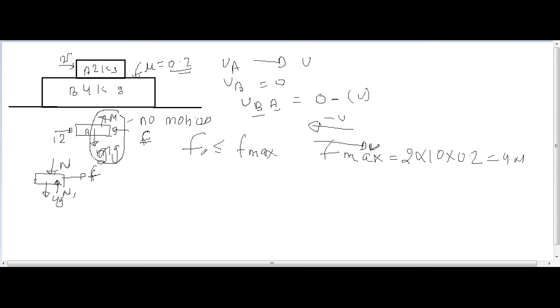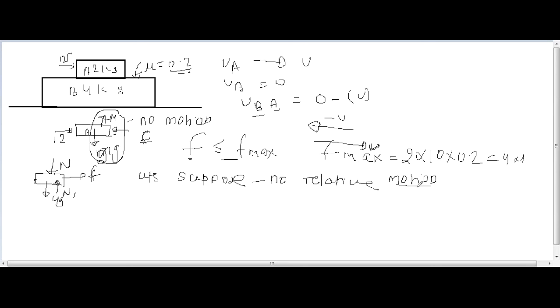So friction force must be less than or equal to 4 Newton. Okay guys, so let's suppose initially there is no relative motion.